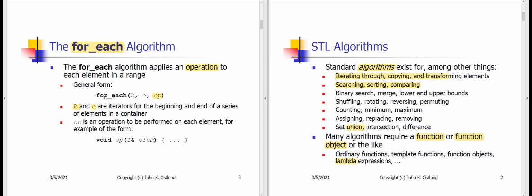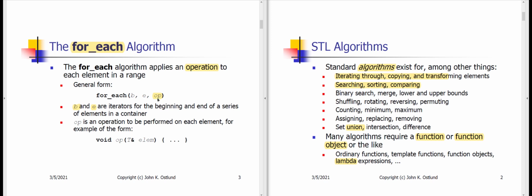All right, so we say for_each, then we specify the beginning iterator and the ending iterator for some range of values in a vector, in a set, in a list, in a double-ended queue, whatever the data structure might be. And for each one of the elements within that range, we're going to perform some operation.